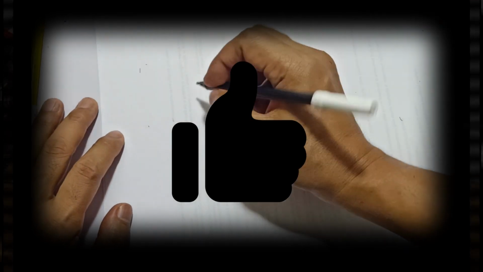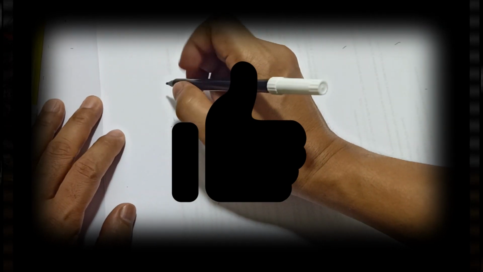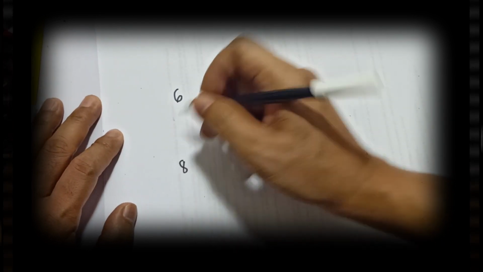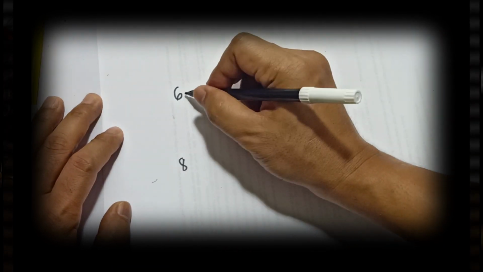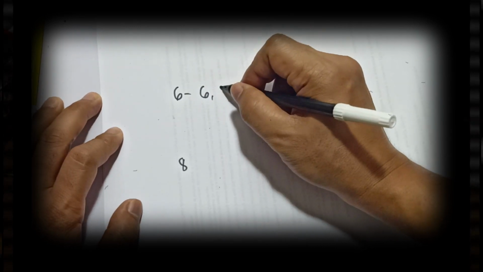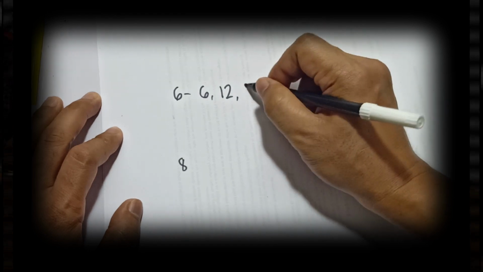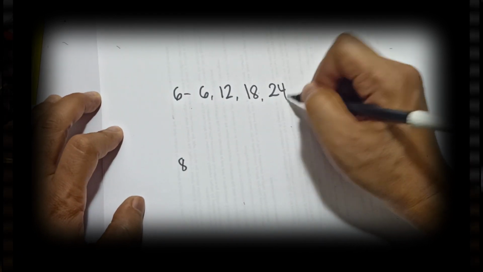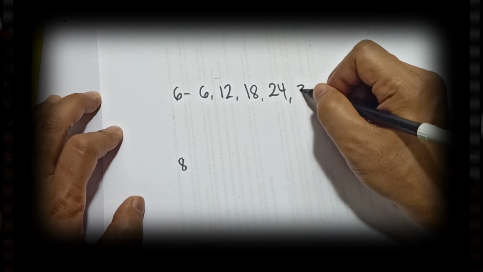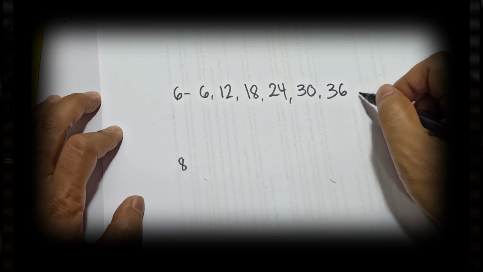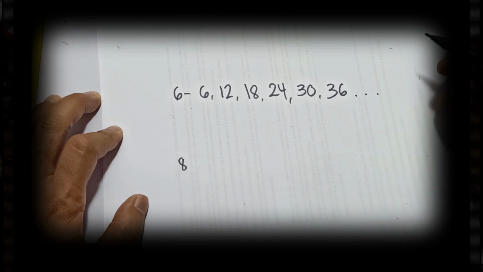Okay, another one. If you are asked to find the multiples of 6 and 8, right? The multiples of 6 are 6, 12, 18, 24, 30, 36, and so on and so forth.